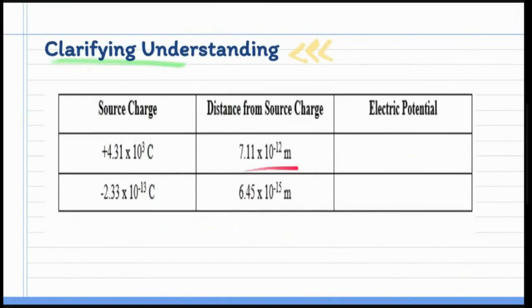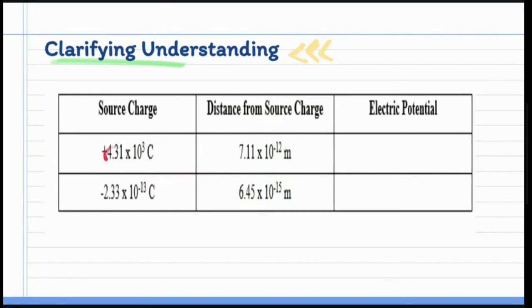I have here a source charge or a point charge, and assuming there is an unknown charge present in the system, the source charge and the point charge are measured at a certain distance from the charge. Now, your task is to identify the electric potential of the source charge. So how do we do this?